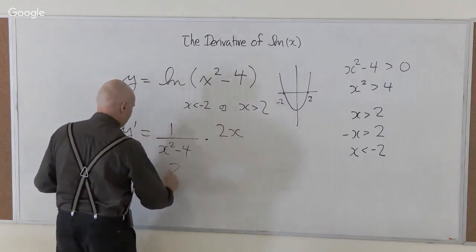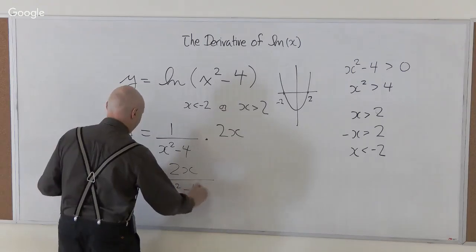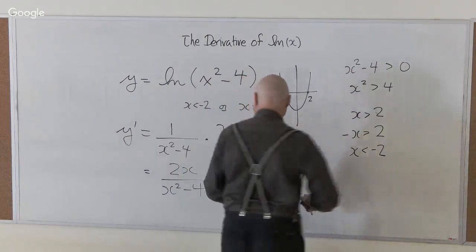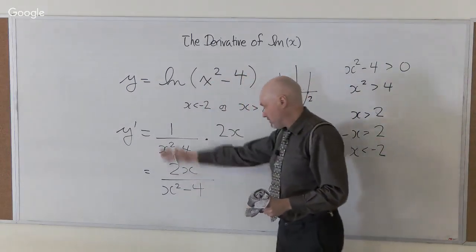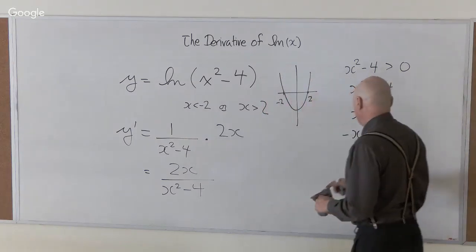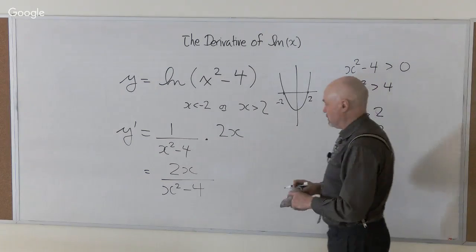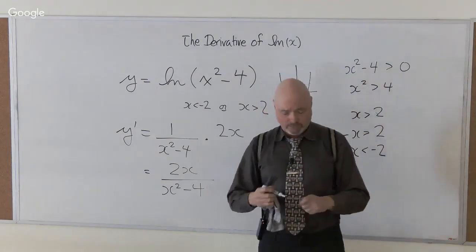So this is actually just 2x over x squared minus 4. I see my derivative does not exist when x is equal to 2 or -2 because that makes the bottom 0, but it doesn't matter because x never is 2 anyways. The original function is not defined there. So there's my derivative.